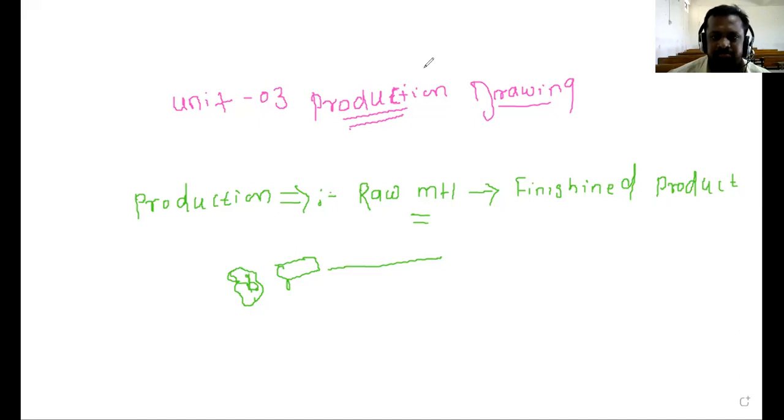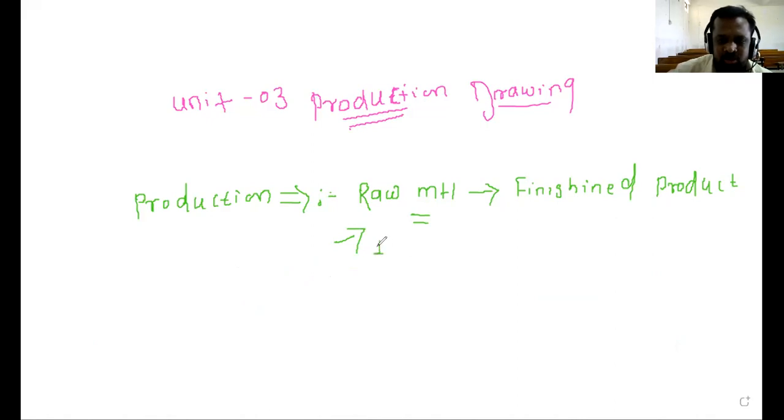Now see here. Again, simply, we can define it. That raw material is the input. The raw material is nothing but the input. To that input, we will carry out the process.